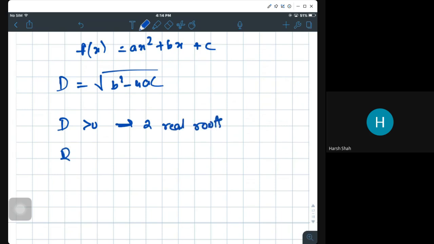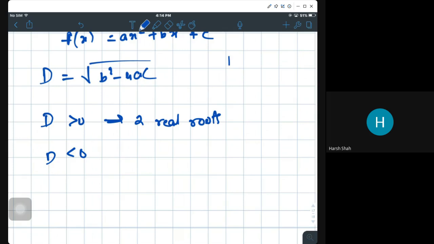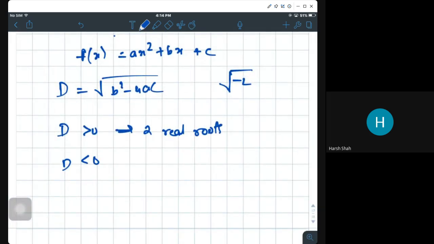If your d is less than 0, have you seen something like root of minus 2? Is this real? No, right? So that means this root is not here. I'm sorry. This is what you have to calculate, and you have to find the values.